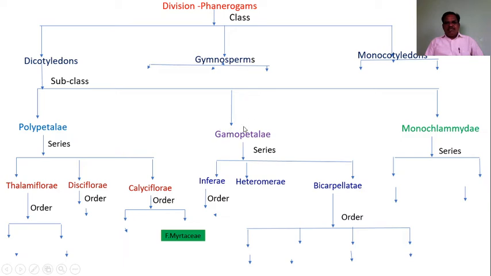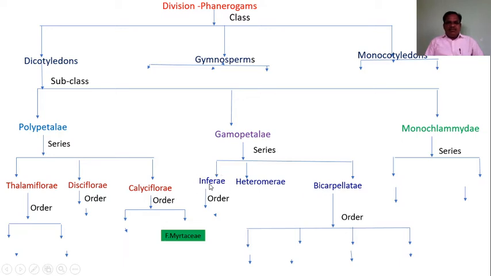The name itself indicates that the character of this Gamopetalae is that petals are united. It has petals which are united. So, petals are united. And these Gamopetalae have the series Inferae, Heteromerae, Bicarpellatae. Here Inferae means what?